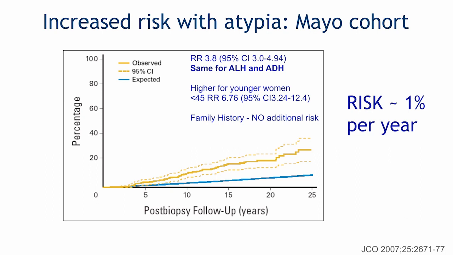And when I talk to a woman about her risk with atypia, I like to break it down into each year because it's a steady risk over time, and that risk is about 1% per year. So if you say, what's my risk in 20 years? It's 20%, but I find it's easier to break it down into that 1% per year when we're thinking about, okay, what do I need to do today? So what does this mean?